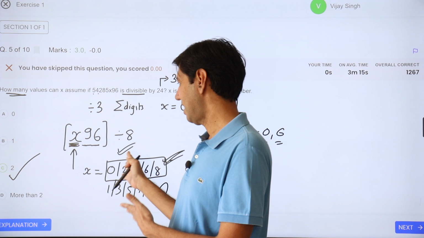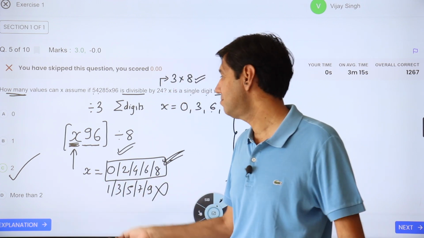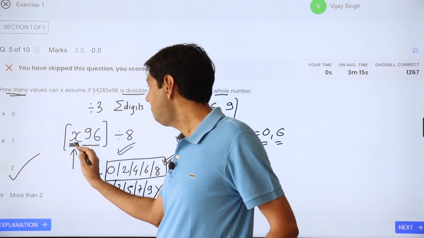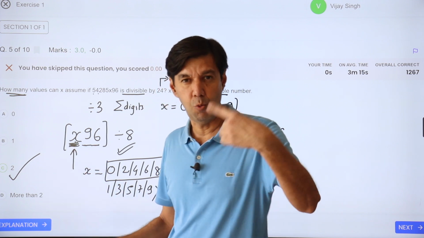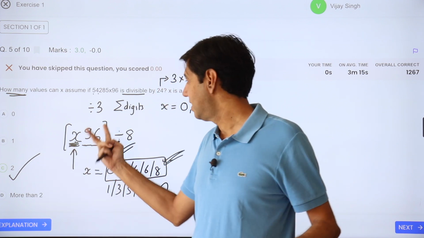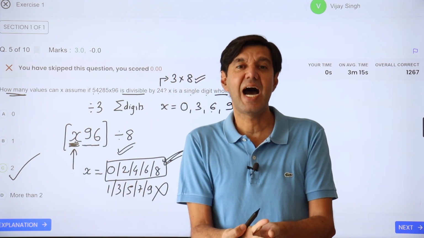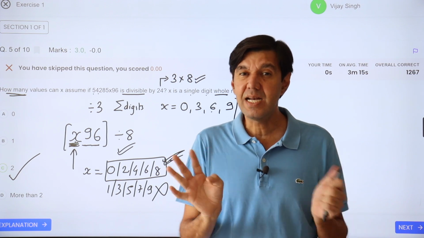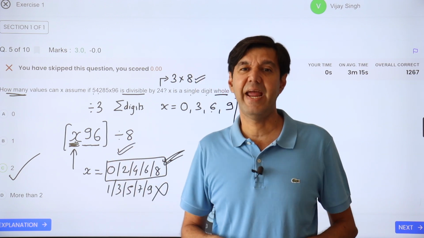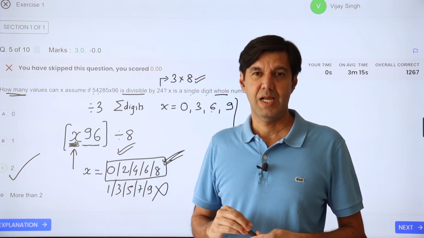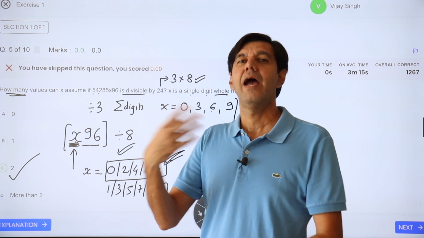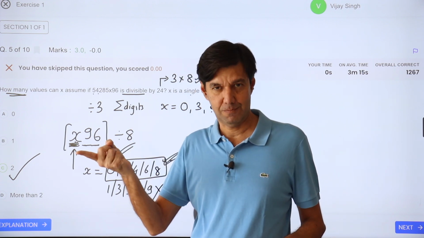This is also a very nice theory. The hint I am trying to tell you is, if you increment this by 1, the number gets incremented by 100. But 100 is not divisible by 8. 8 12s are 96, 8 13s are 104.